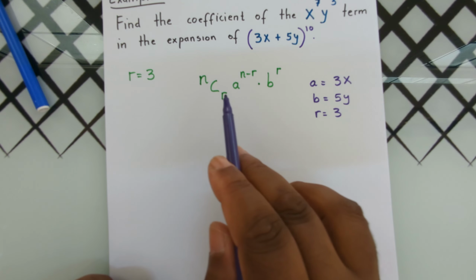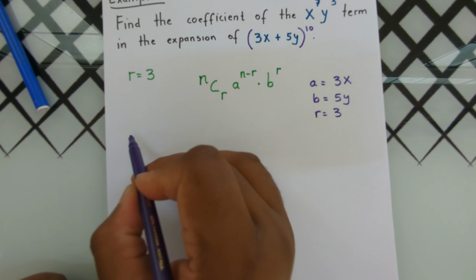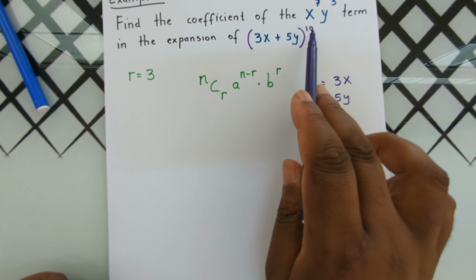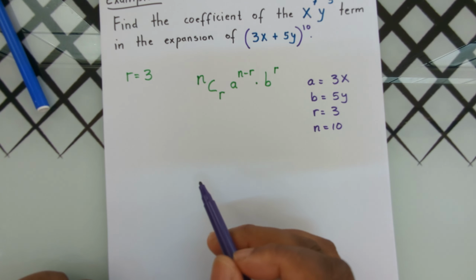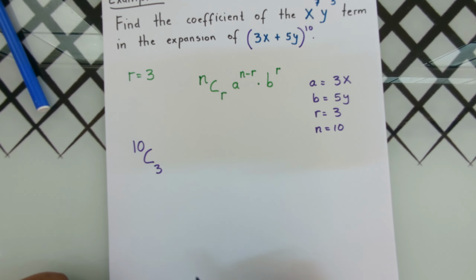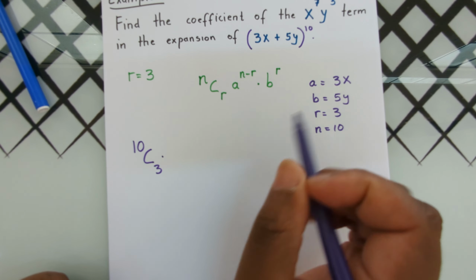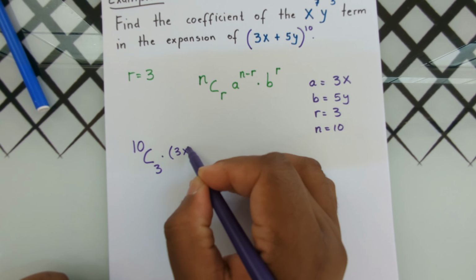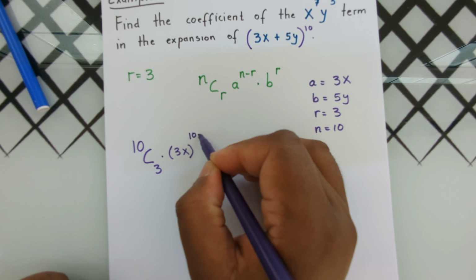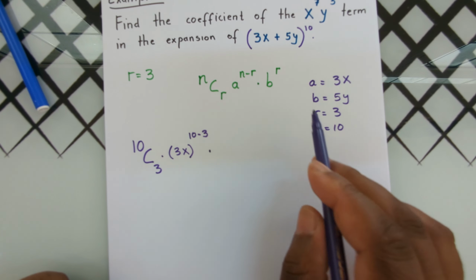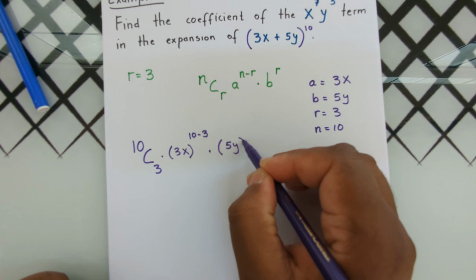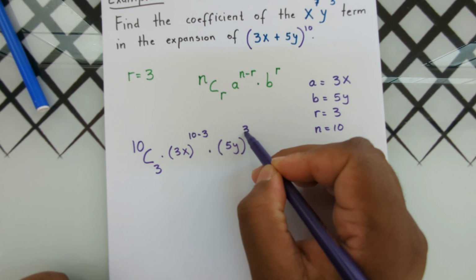Now let's plug these values into this formula here. Our n is the given exponent here. Our n is 10. So we are going to have 10 choose our r, which is 3, being multiplied by a, which is 3x, all raised to the power of n minus r, so to the power 10 minus 3, being multiplied by my b, which in this case is 5y, raised to the power of r, which is 3.